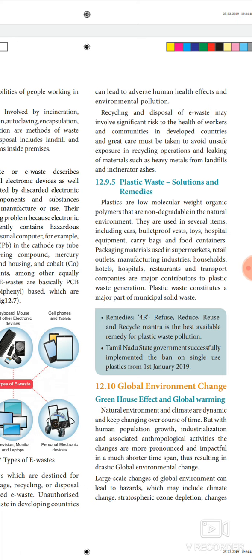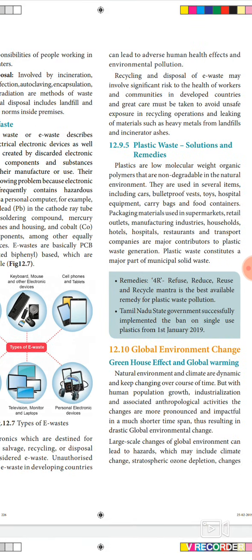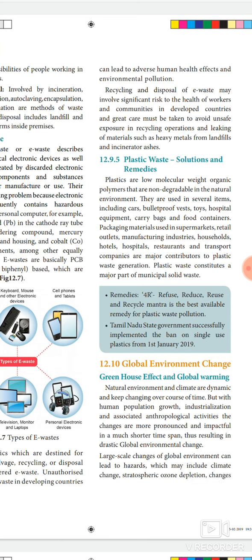Plastics are used in so many items, for example, cars, bulletproof vests, toys, hospital equipment, carry bags and polythene covers, and food containers, packing material used in supermarkets, retail outlets, manufacturing industries, and households. Our house also contains so many plastic boxes. Then hotels, hospitals, restaurants, transport companies, water bottles, these are all under the heading of plastic waste.